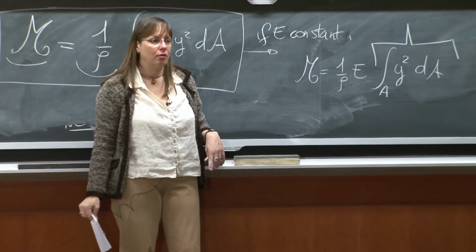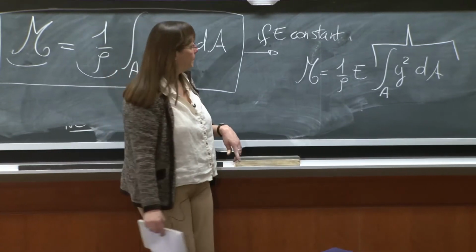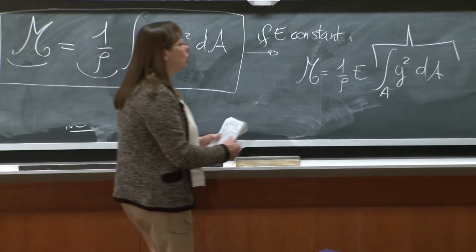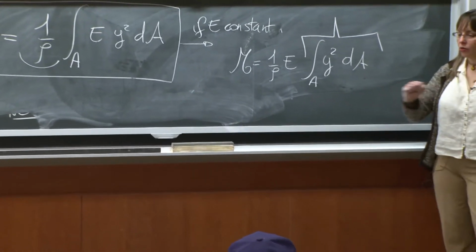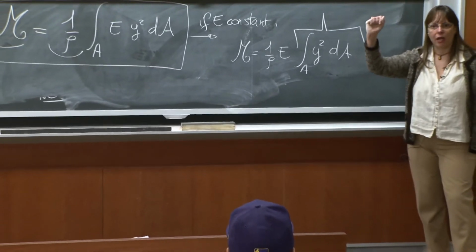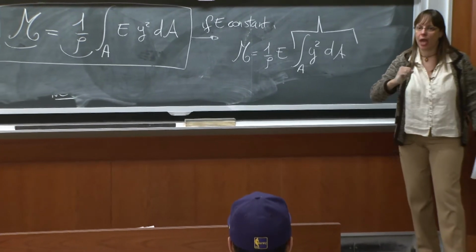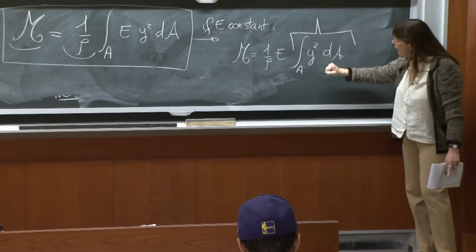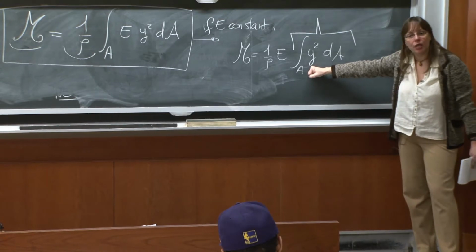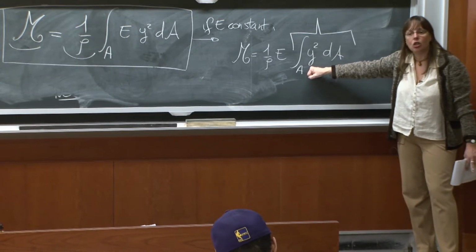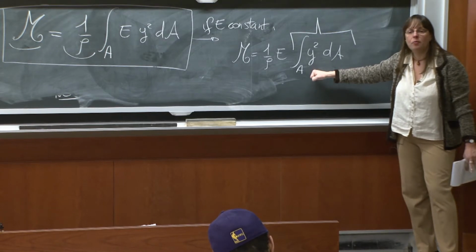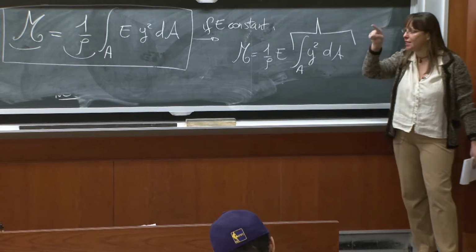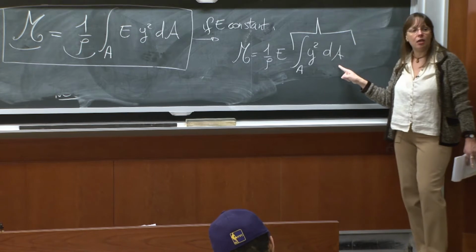Where y squared again is the distance from the center? Yes. So this tells you to calculate this property of the area, go over your whole area, look at all the little dA that you have, and sum up how big they are and how far they are from the neutral axis squared. This is called the moment of inertia of the cross-section. We did polar moment of inertia because we were summing r squared dA.